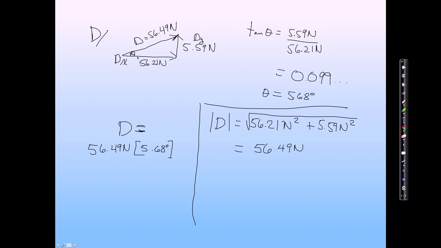Now in this case, we did find the angle off of the positive x-axis, which is where angles are reported from. In other cases, you may have found an angle that is from, say, the positive y-axis, and that's not the angle then that you would report. In this case, we're going to report the angle that we found because it's off of the positive x-axis. If you were to find, for instance, an angle up here, this theta, you wouldn't report theta in your final answer.